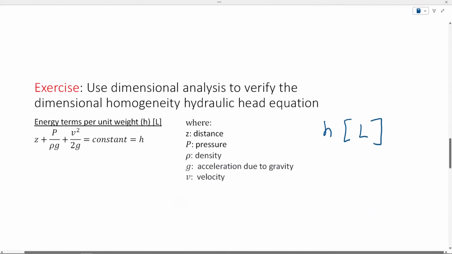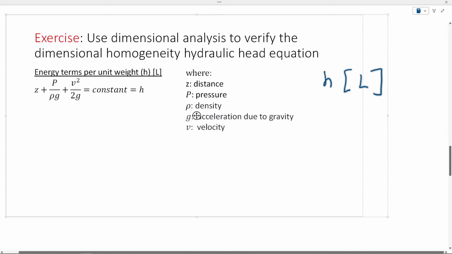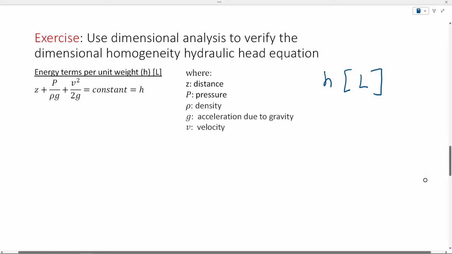Same with all the other ones. So I'm telling you, use dimensional analysis to verify the dimensional homogeneity of the hydraulic head equation. We know that head, this constant head, has a dimension of L. Can we verify that all these terms have the same dimension and can be added together? Yes.